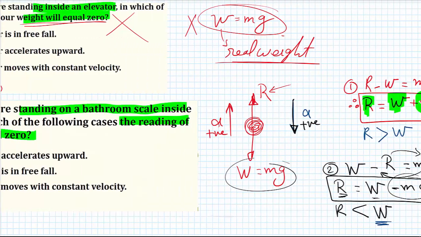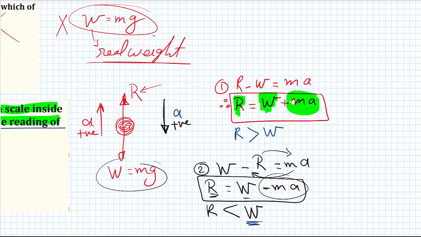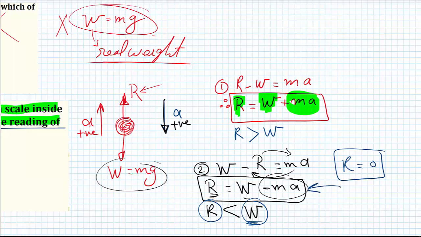So let's go back to the problem. He says here, in which case the reading of the scale will equal zero. As you see here, R is lower than the weight. But in which case will R be zero? Look at this equation.